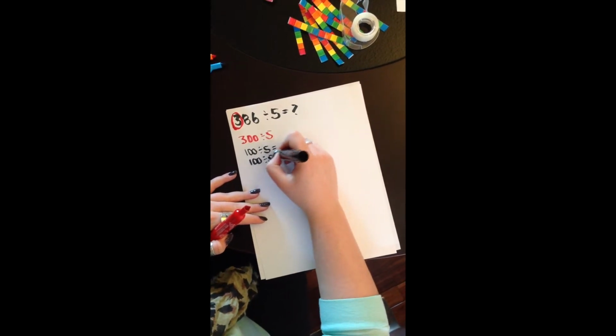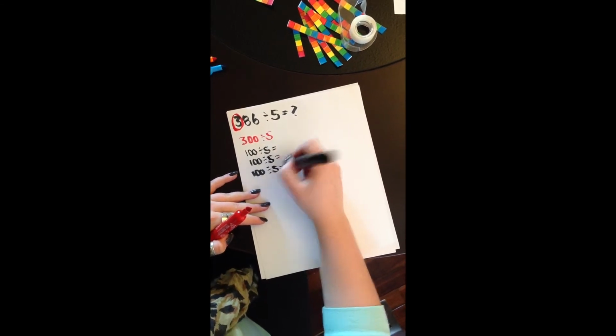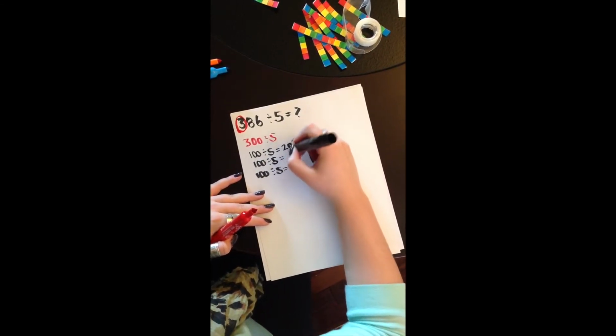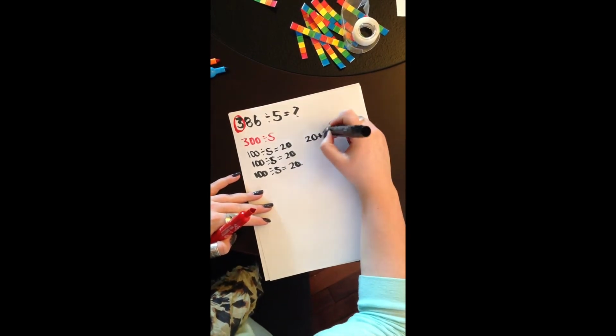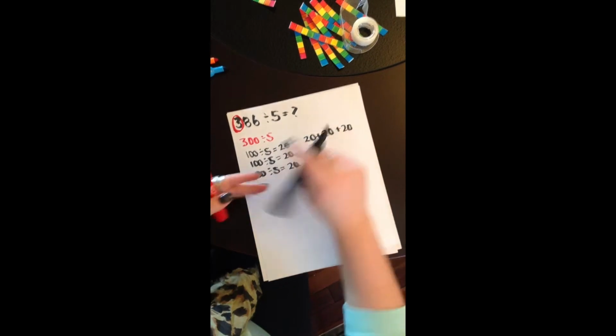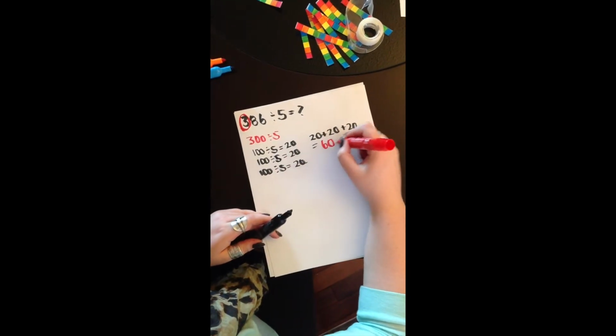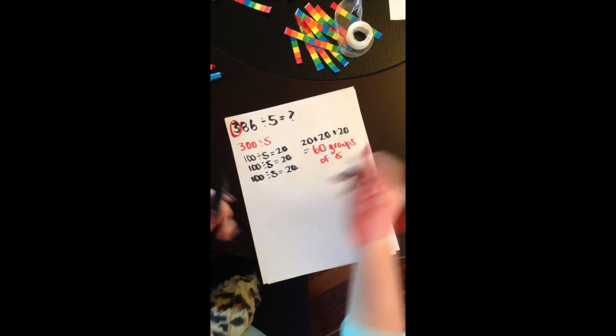Most kids will be able to visualize this. If they can't, they can count it out. But the answer is 20 groups in each 100. So they will be able to determine that 20 groups of 5 plus 20 groups of 5 plus 20 groups of 5 will equal 60 groups of 5 in 300.